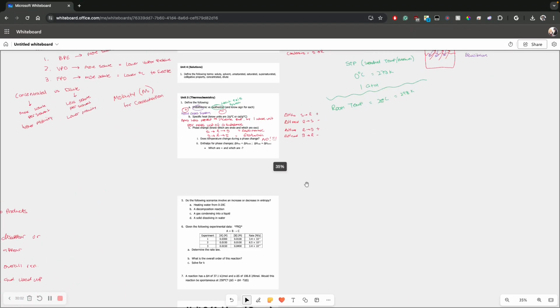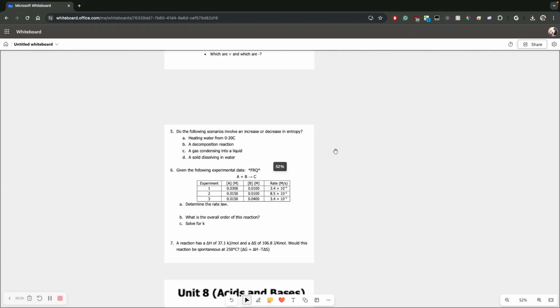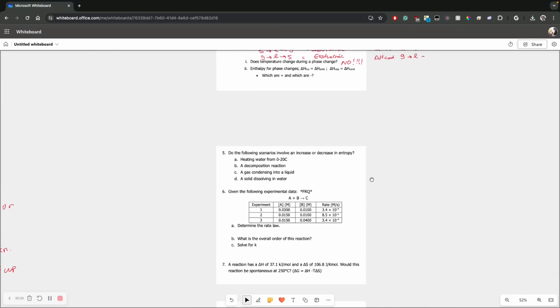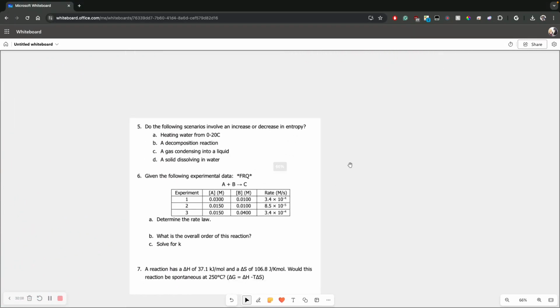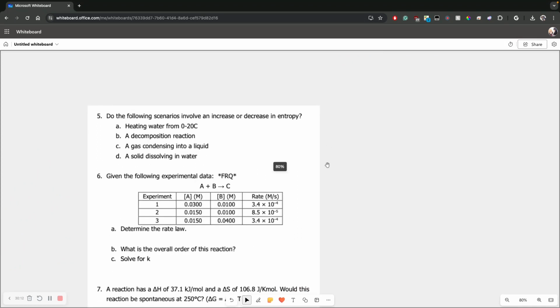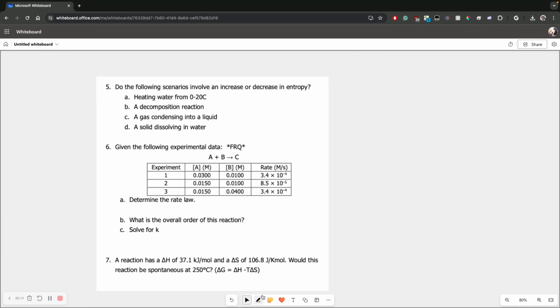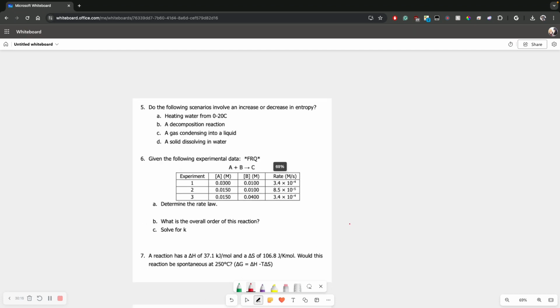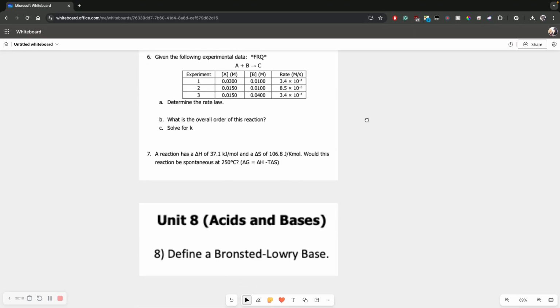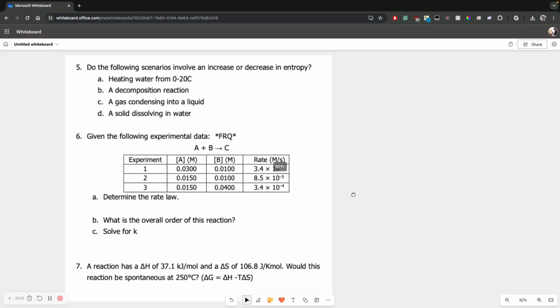Alright, so that's that. And then continuing on with the Unit 6 reaction rates, we have evaluations of increases and decreases in entropy, right? So for entropy, I think we have space to just straight up write on here.